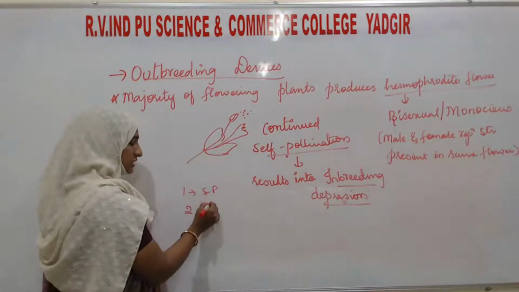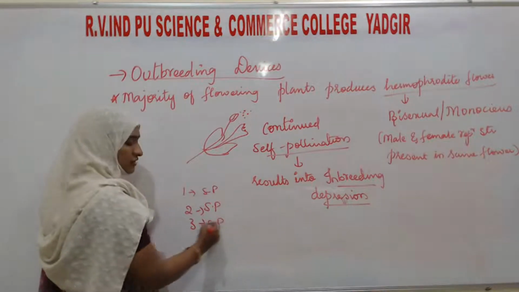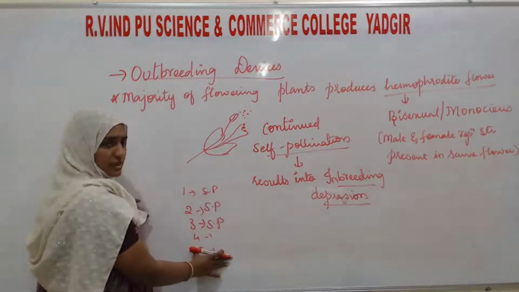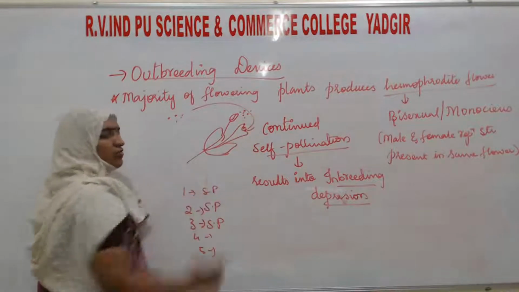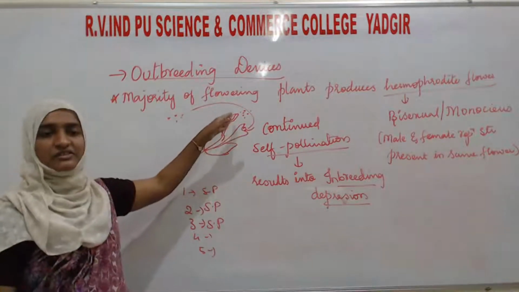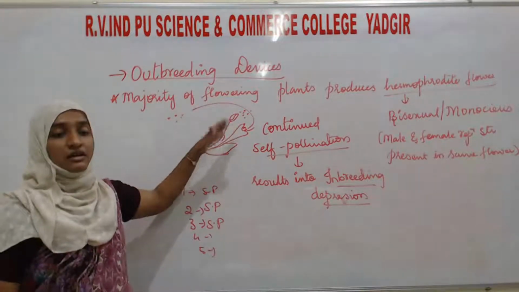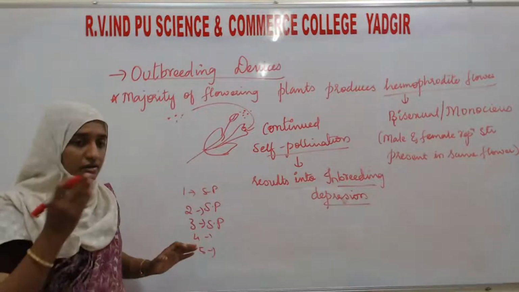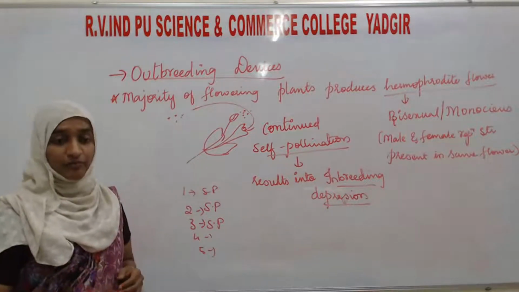During second generation, self-pollination takes place. Third generation also, self-pollination takes place. Like this for many generations. There is no other pollen grain going to come and pollinate this stigma, because near to that stigma there is the anther. There is no need of any other pollen grain to come. So self-pollination takes place in the bisexual or hermaphrodite flowering plant.